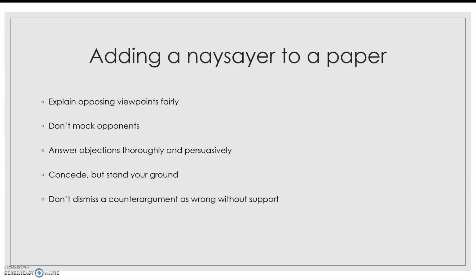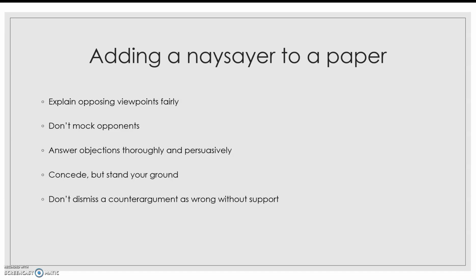There's also this concept of conceding but standing your ground, and what that means is that you might say, okay, I understand how an opponent might say this, and I see the value in that. However, I still think that my argument is stronger. So with that concept, you're conceding that part of what the naysayer says has value, but that you still stand by your viewpoint.